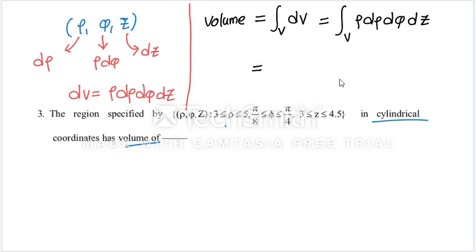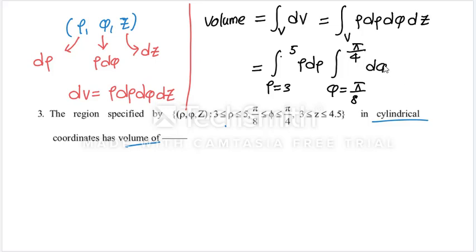Which is equal to, I can split the limits here. The rho limits are 3 to 5 for rho d rho, the phi limits are pi by 8 to pi by 4 for d phi, and the z limits are 3 to 4.5 for dz.